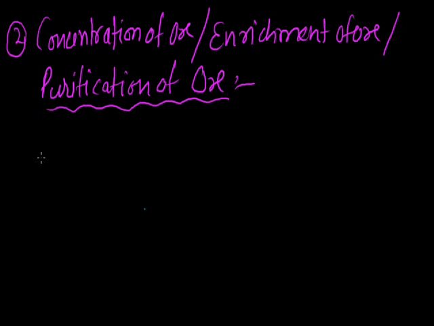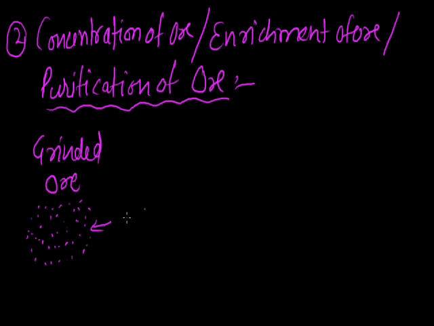So in this process we use grinded ore which contains the particles of ore. Suppose these pink particles are of ore, and we can represent particles of impurities by white.